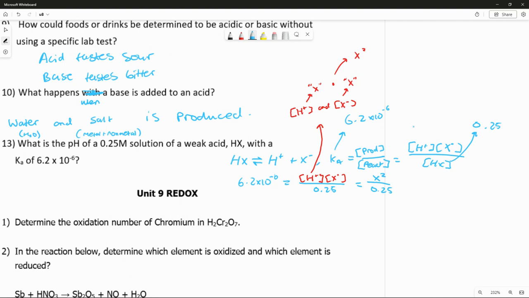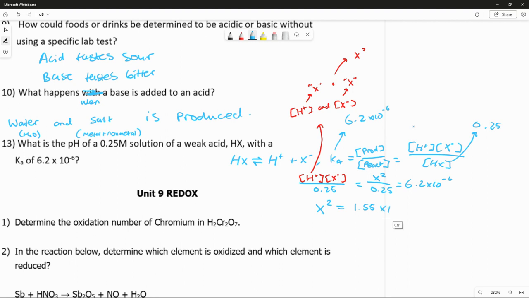Let's move this constant over to the right. 6.2 times 10 to the negative 6 times 0.25 will give you x squared equals 1.55 times 10 to the negative 6.